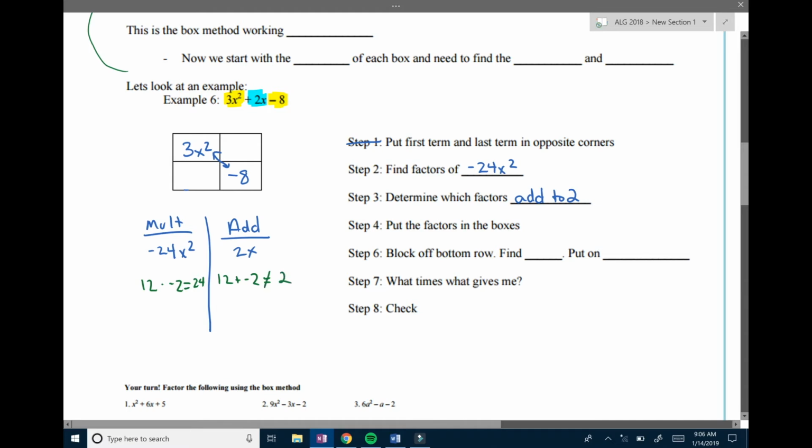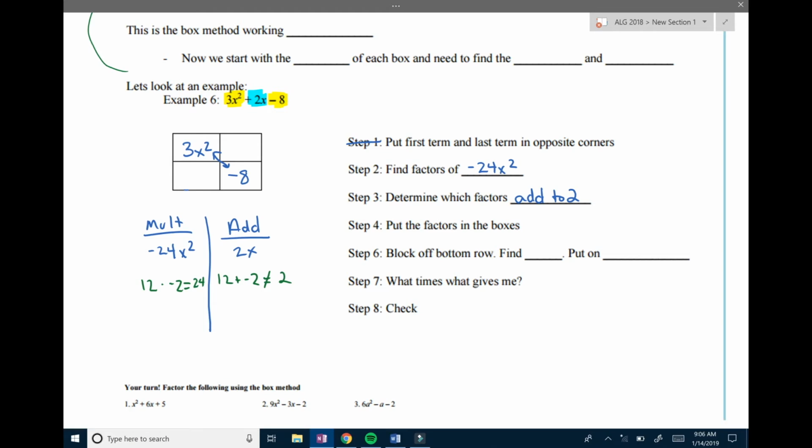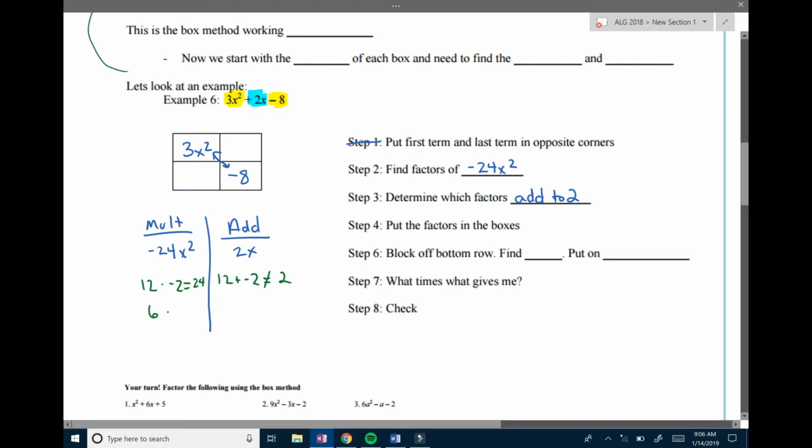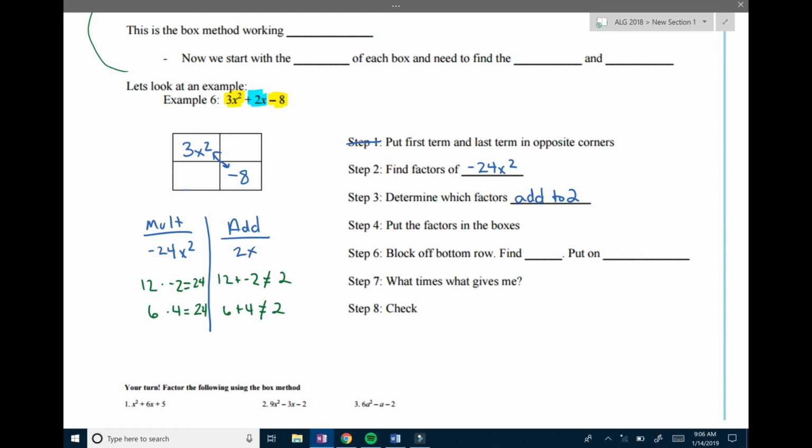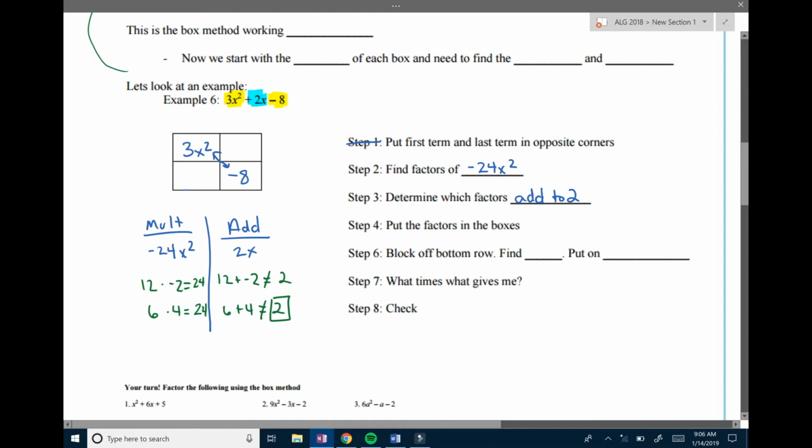Let's see, what else? What about 6 times 4? Well, 6 times 4 does give us the 24, but 6 plus 4 does not give us the 2. But I can make 6 and 4 give me a 2 somehow. That means one of my numbers needs to be negative. Now if this number right here is positive, that means my bigger number has to be positive.